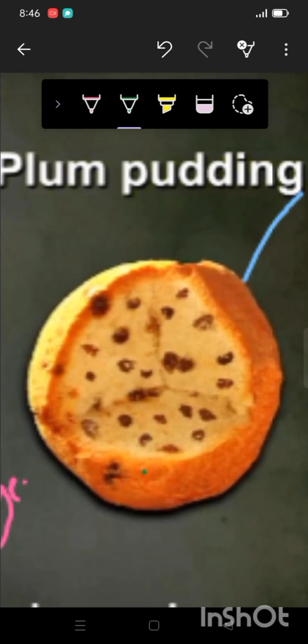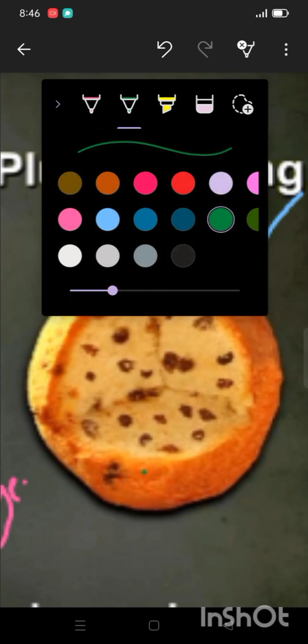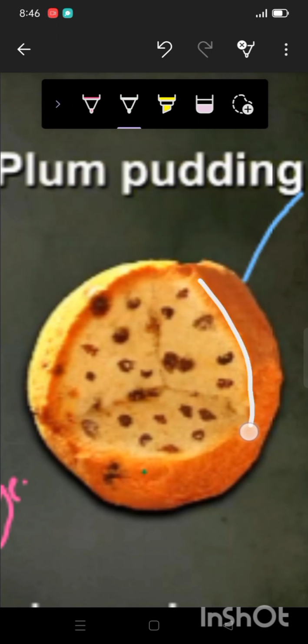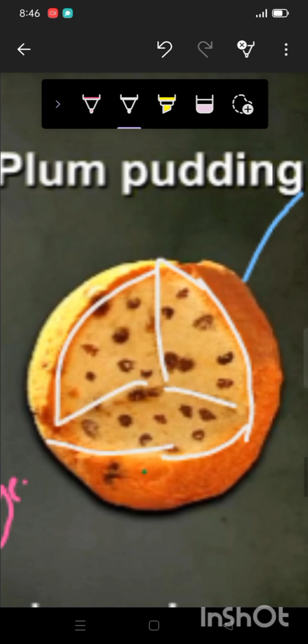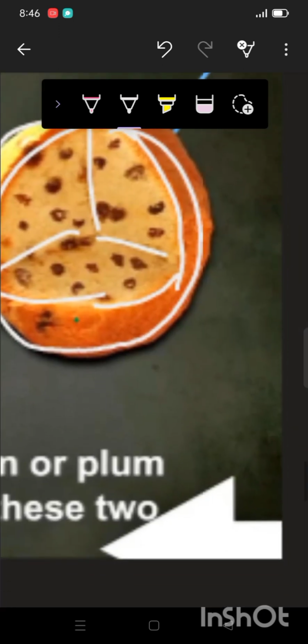Plum pudding is made up of milk and raisins. If you take a bowl as the entire atom and put milk in it, the milk is the positive sphere, the entire positive charge.